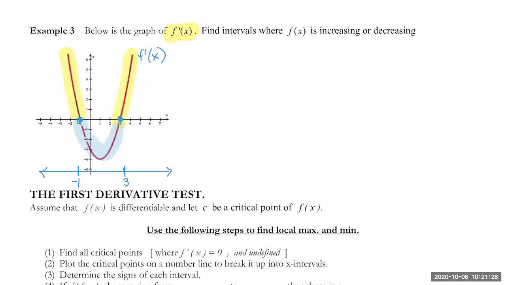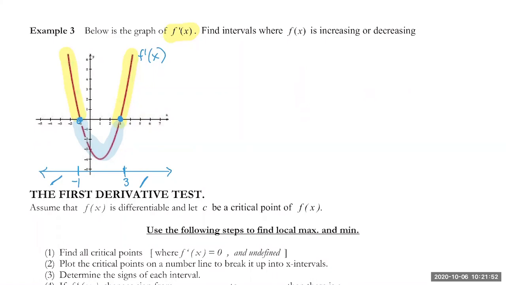And now below that, you guys can say, okay, if the yellow highlighting is above the x-axis, f prime of x is positive, that means my function should be increasing at those highlighted areas, so on those open intervals. Between negative infinity and -1, f prime of x is above the x-axis, therefore my function should be increasing.